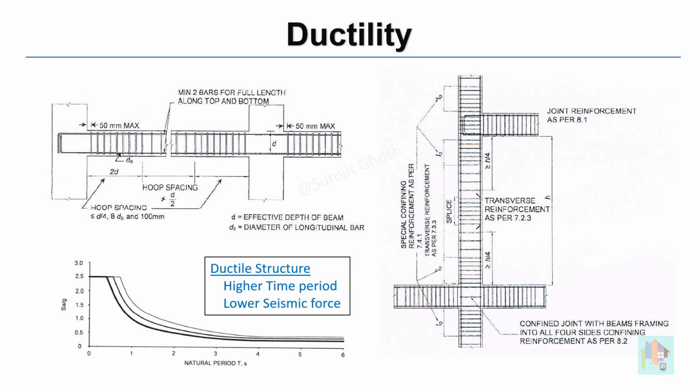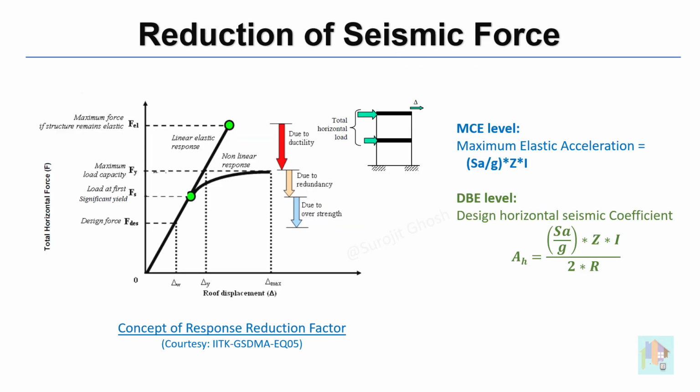That's why ductile structure with higher time period experience a lower seismic force, as we can notice from the response spectrum curve. More ductile structure can withstand higher lateral force without collapse. All these inherent properties hugely contribute towards structural safety and strength.